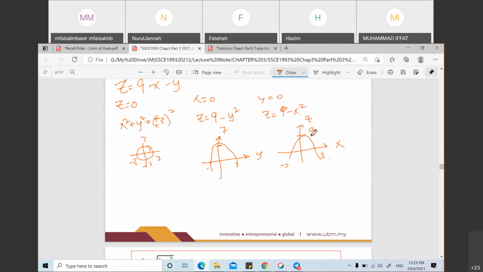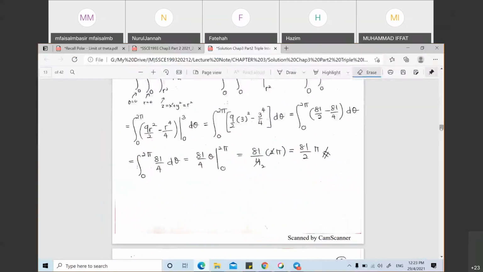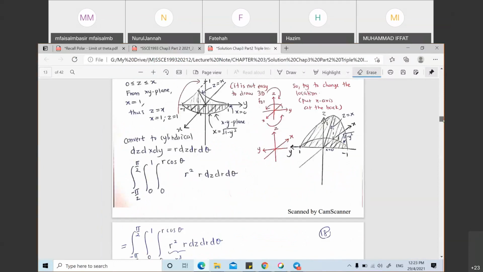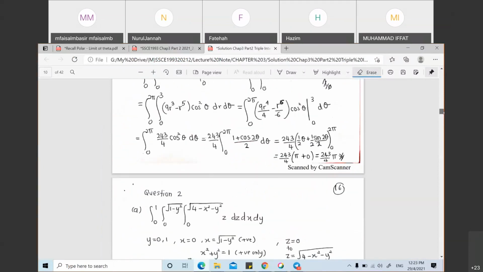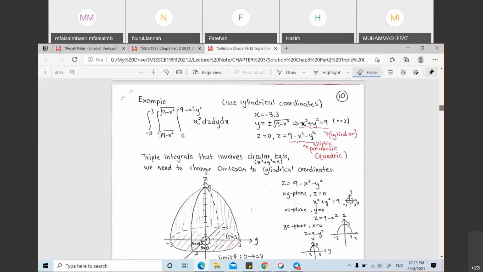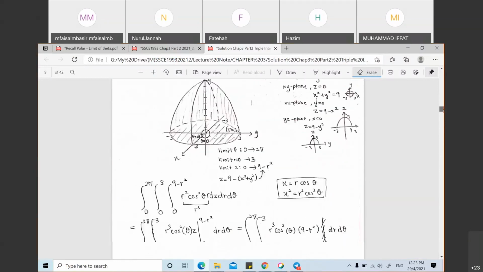So you have a parabola, not like this, I think it is reversed. Yeah, here, yes, this is the example. I could not find it just now.